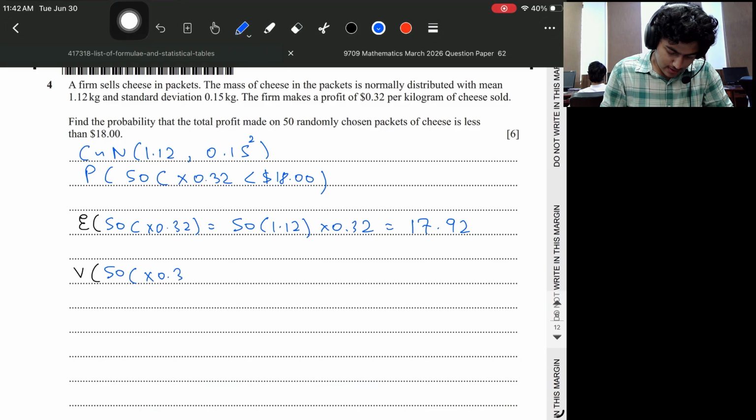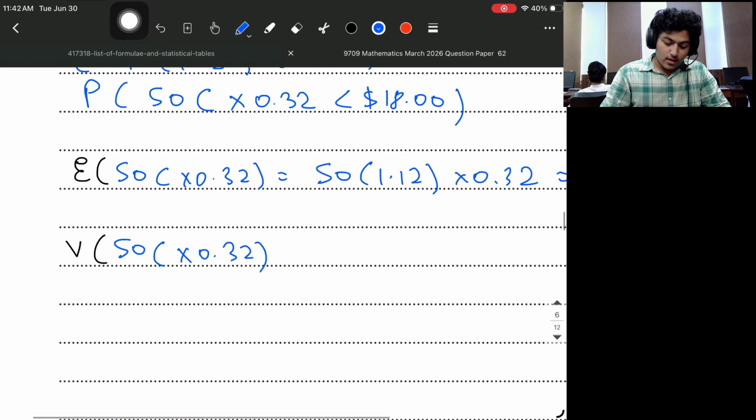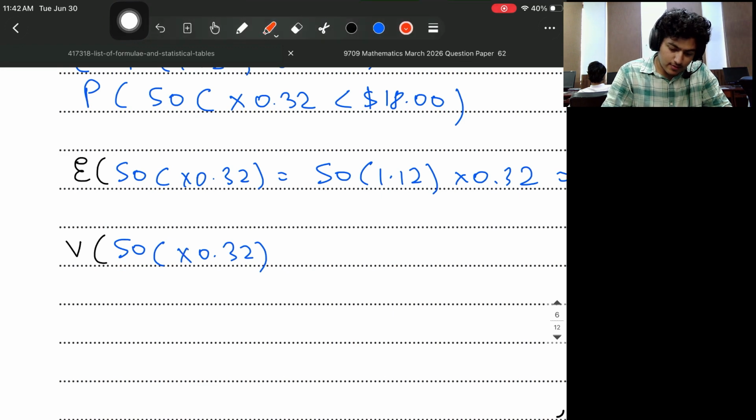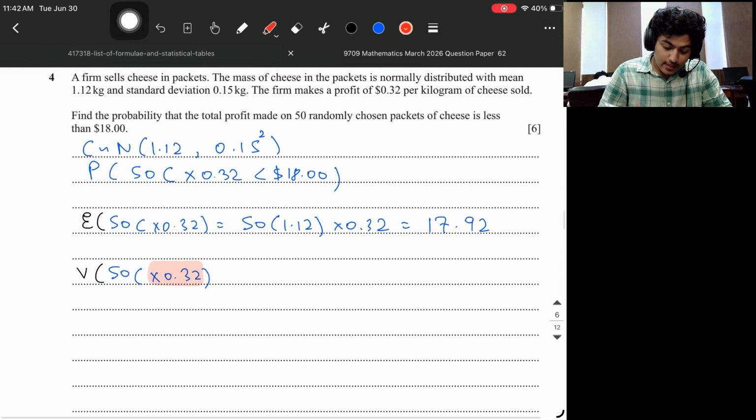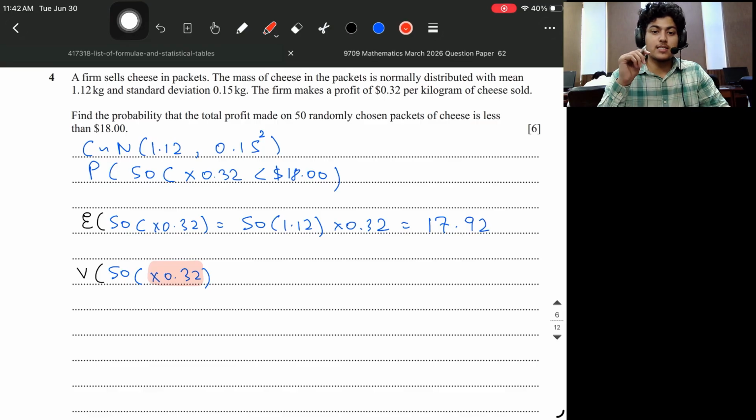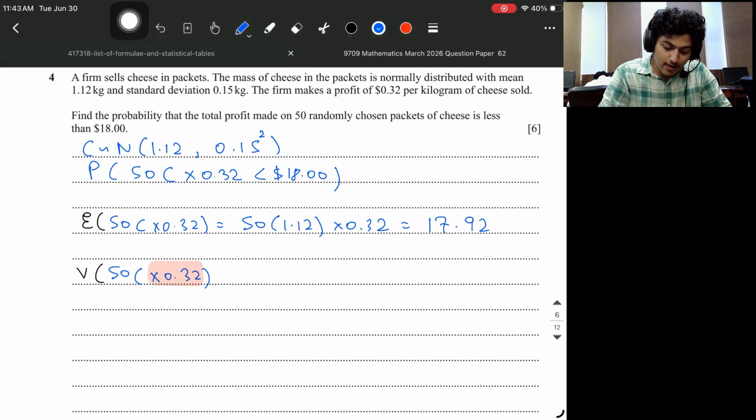Now here comes the main part, which is the variance of 50C times 0.32. Now you must be wondering, why am I writing this as times? The reason for writing this as being multiplied by 0.32 is that 0.32 is the value that will be squared along with the standard deviation itself. 50 will not be squared. The reason is that they have asked us to find 50 randomly chosen packets of cheese.